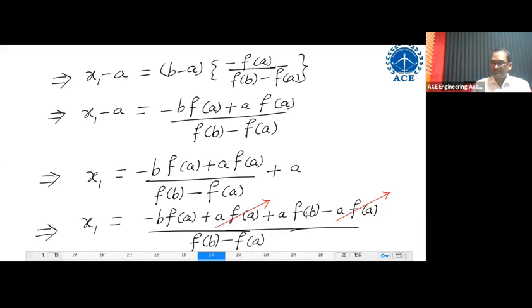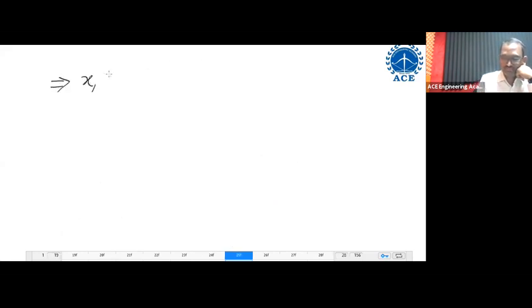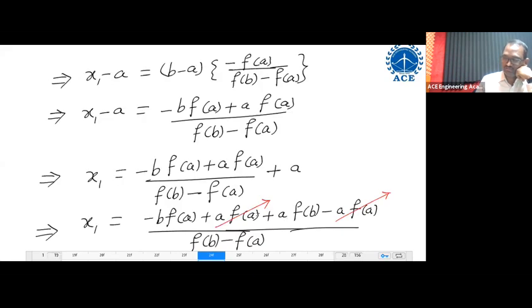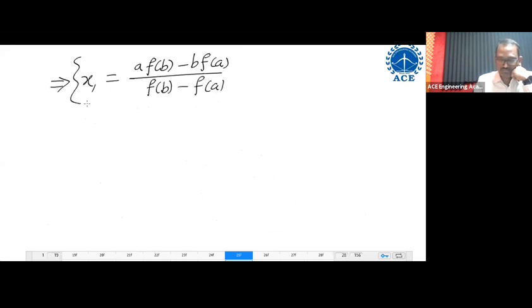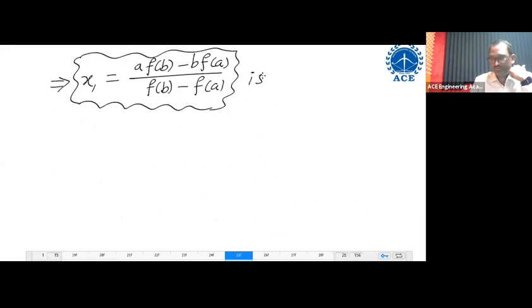Still we have a f of b minus b f of a. So x1 is equal to a f of b minus b f of a, divided by f of b minus f of a. This is the first approximation.